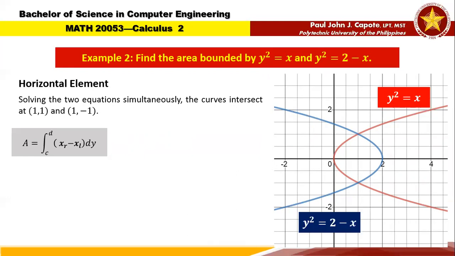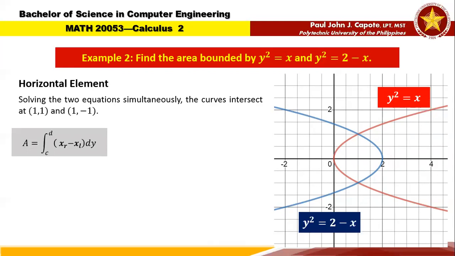Now, if we draw the horizontal element inside the bounded region, the right end touches the graph of function y squared equals 2 minus x. Therefore, y squared equals 2 minus x is our right curve. On the other hand, the left end touches the graph of y squared equals x, thus making it our left curve.